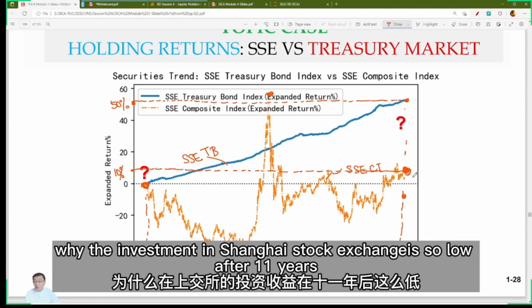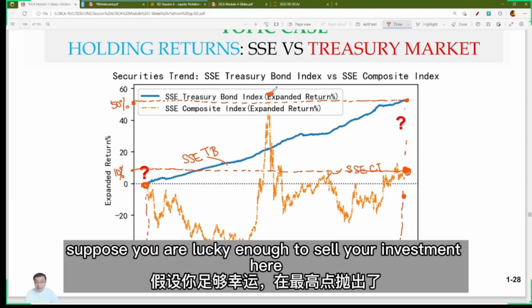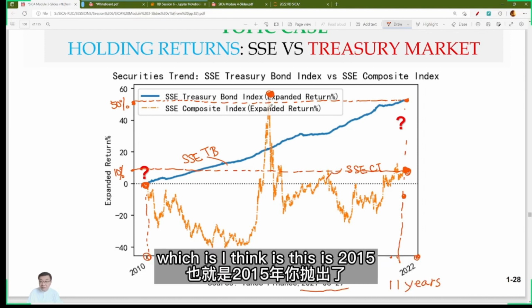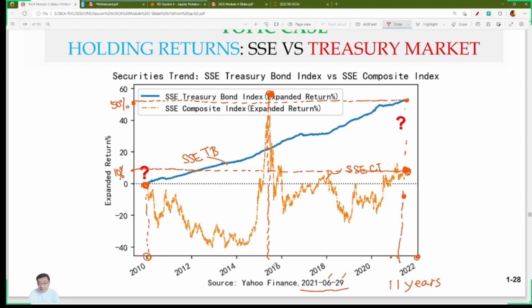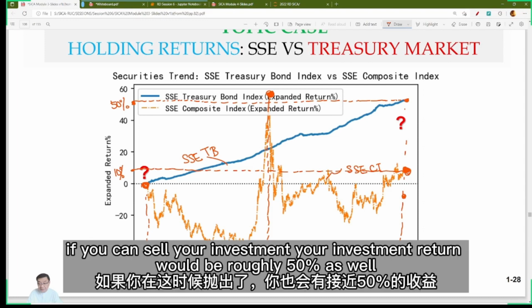Why is the investment in the Shanghai Stock Exchange so low after 11 years? Because of the risk. Suppose you are lucky enough to sell your investment here, which I think is mid or late 2015. If you can sell your investment here, your investment return would be roughly 50% as well.